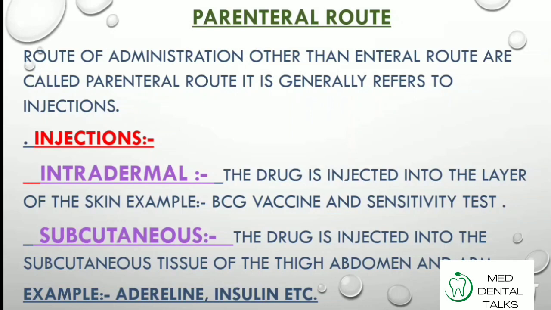Now the parenteral route. Routes of administration other than enteral route are called parenteral routes. It generally refers to injections. Some advantages are onset of action of drug is faster, hence it is suitable for emergency, and it is also useful in unconscious patients because we cannot give orally.